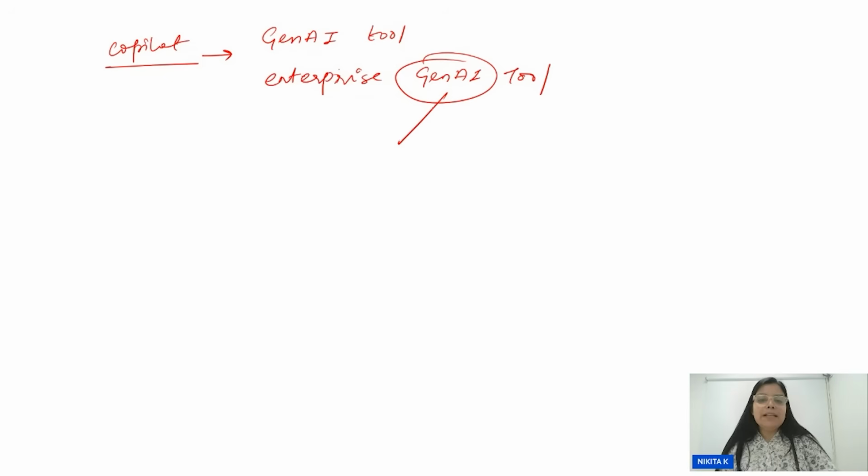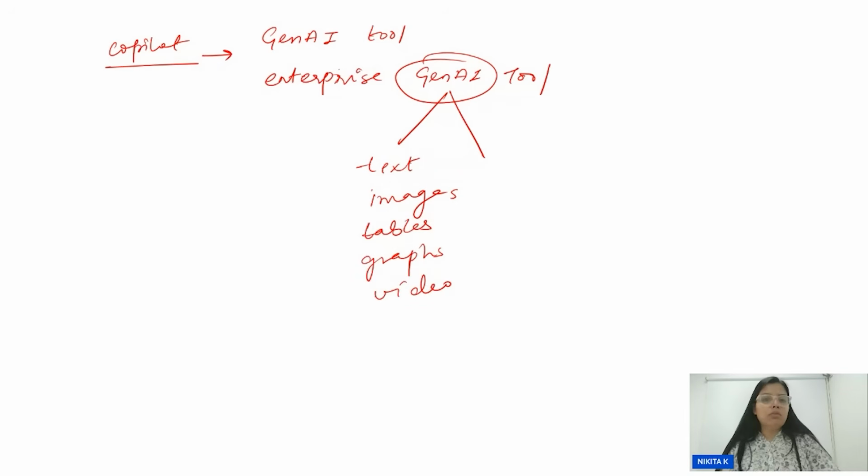Gen AI basically means a tool where you give prompts, which understands your language, and which can help you to generate text, generate images, draw tables, draw graphs, create videos, and so on.